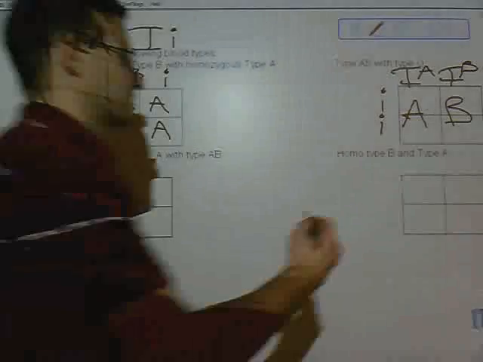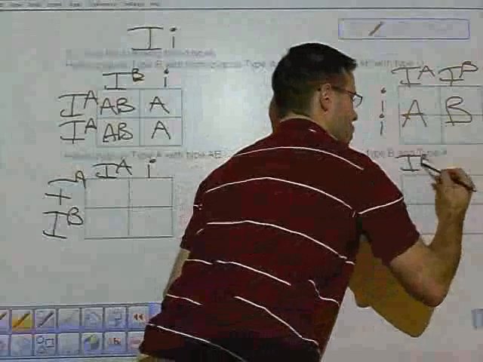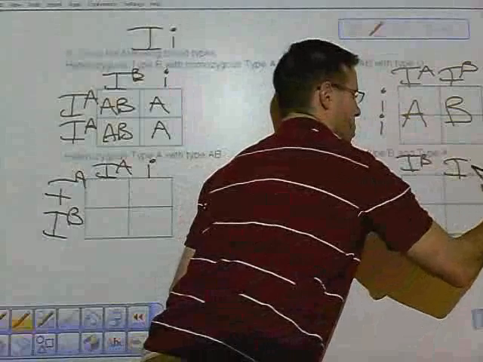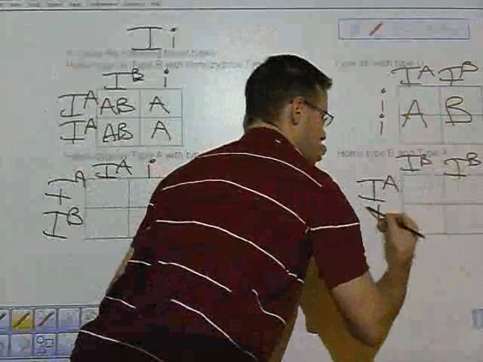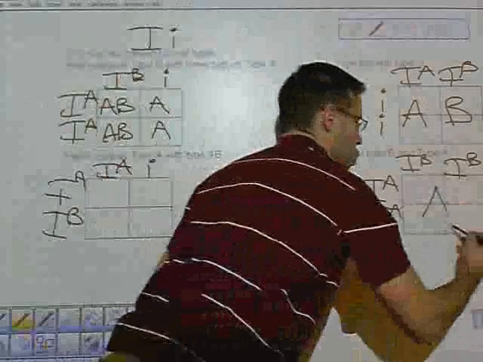Last one is homozygous type B and type A. All of the offspring in this case are going to be type AB blood.